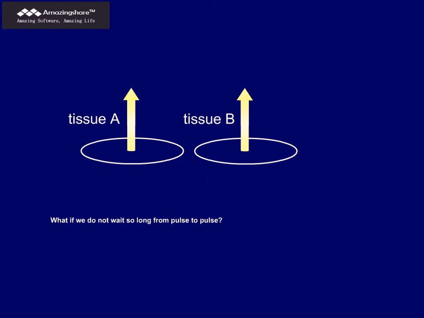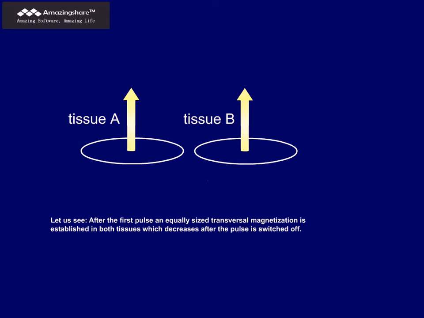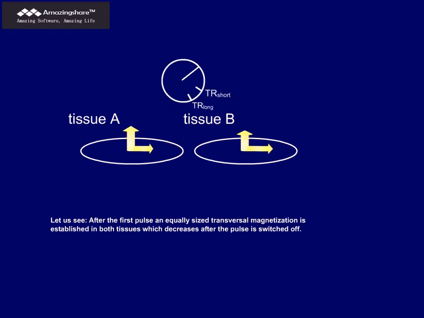What if we do not wait so long from pulse to pulse? Let us see. After the first pulse, an equally sized transversal magnetization is established in both tissues, which decreases after the pulse is switched off.